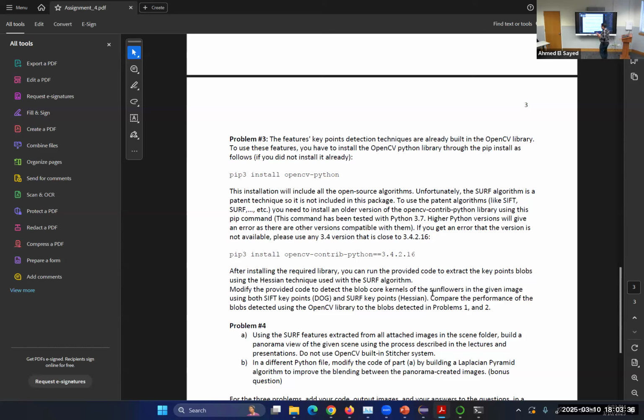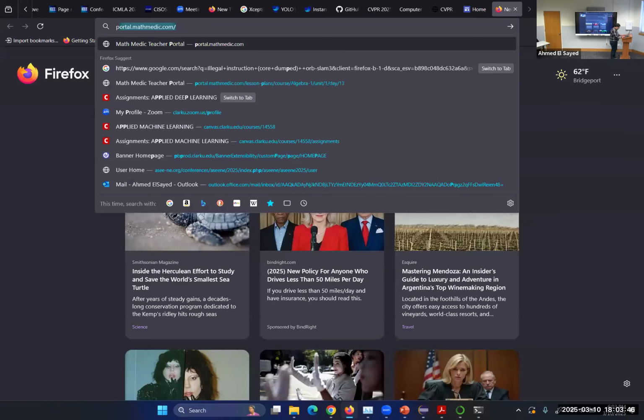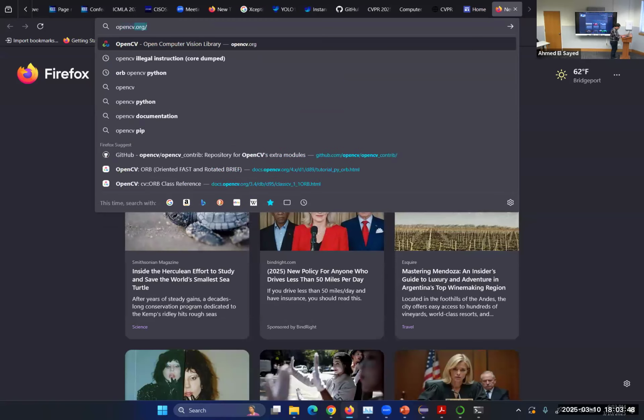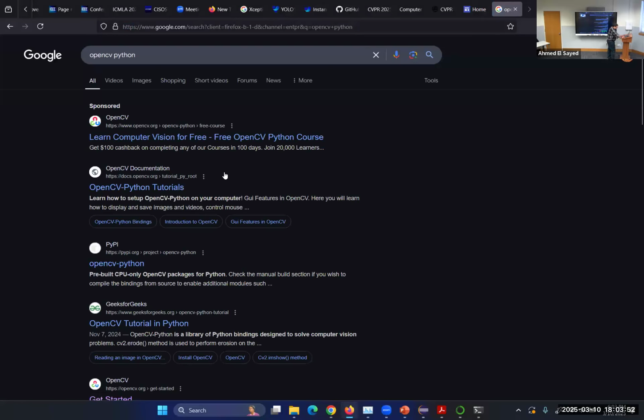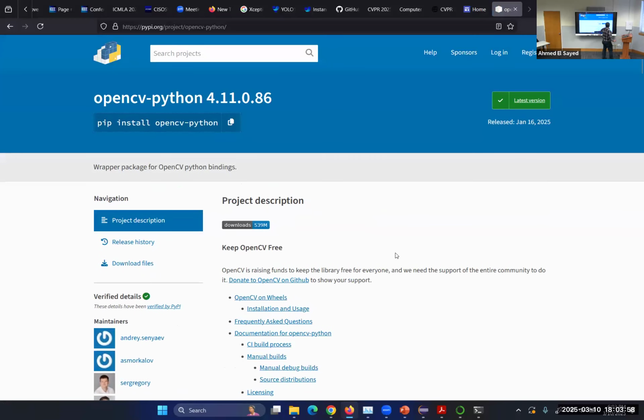If you go to this repository of OpenCV Python, you'll find that the current version is 4.11 right now.